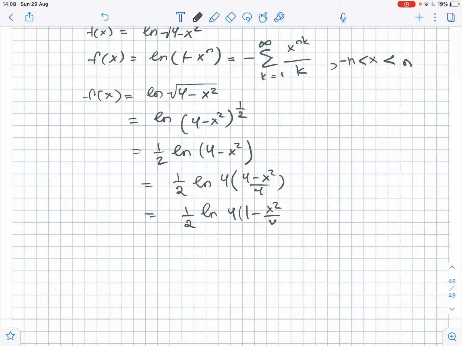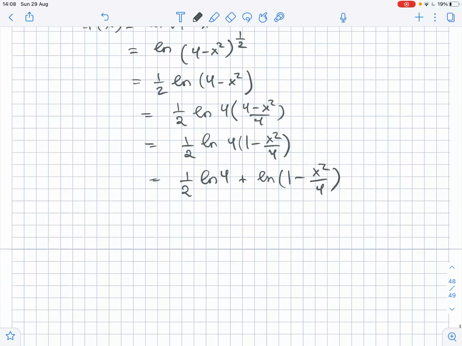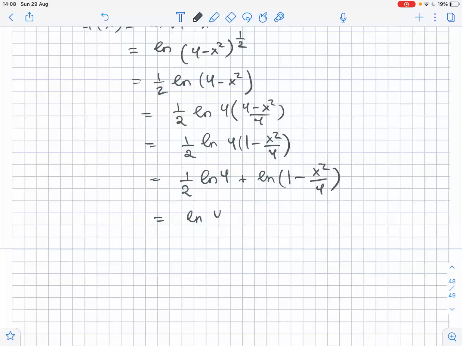This equals 1 over 2 times ln of 4 multiplied by (1 minus x squared over 4). Now we use the product rule of logarithms, and we get that this equals 1 over 2 times (ln of 4 plus ln of 1 minus x squared over 4).